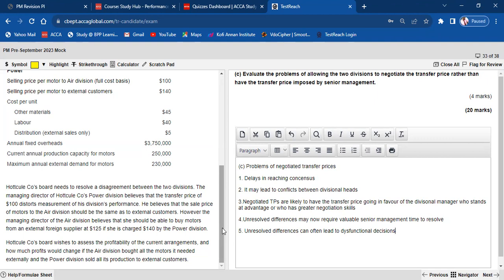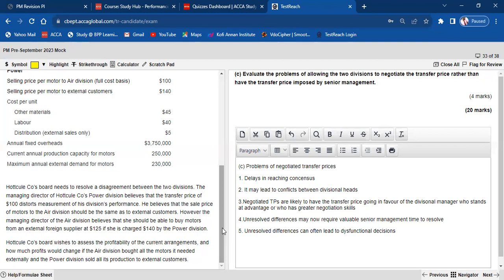But because they did not resolve differences, the power division will continue to not produce at full capacity, spend money, but cannot sell. So that is a dysfunctional decision because everybody is acting in their own interest and the company's performance is harmed. So unresolved differences can often lead to dysfunctional decisions, and I'll support it with an example from the scenario.